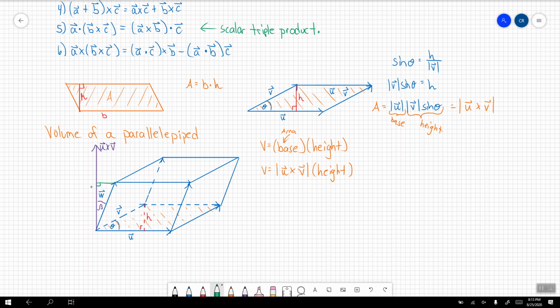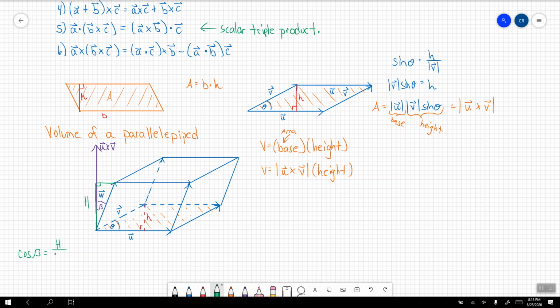Alright, so let's call that height capital H. The trig function that I want to use there is more than likely going to be cosine, because it's a right triangle here. So I want to use cosine of beta. This is going to be the adjacent side, which we're calling H, divided by the hypotenuse.